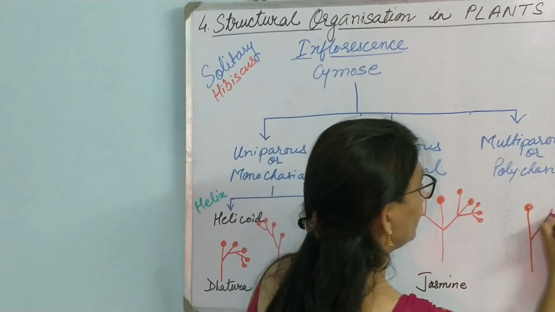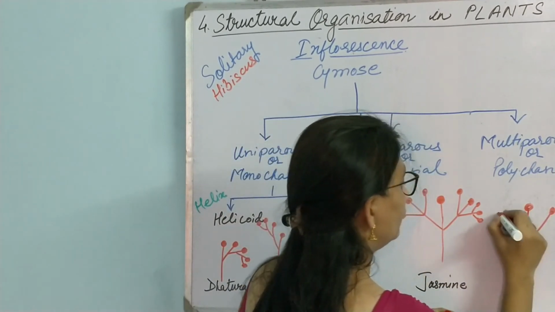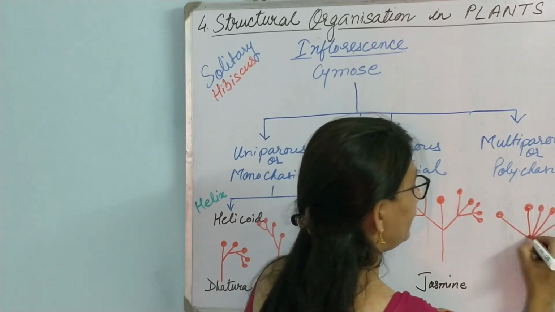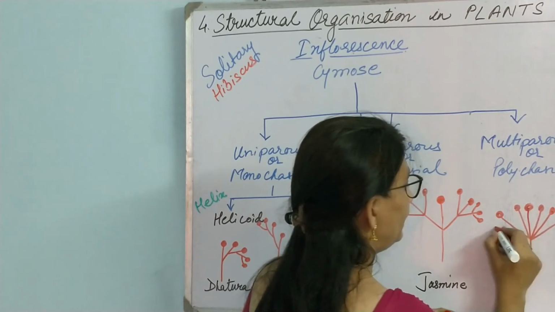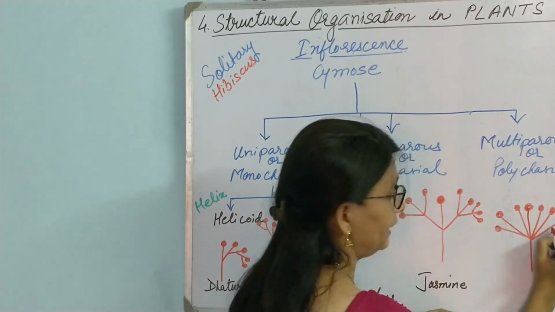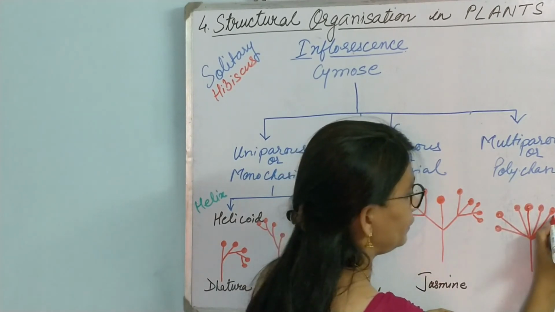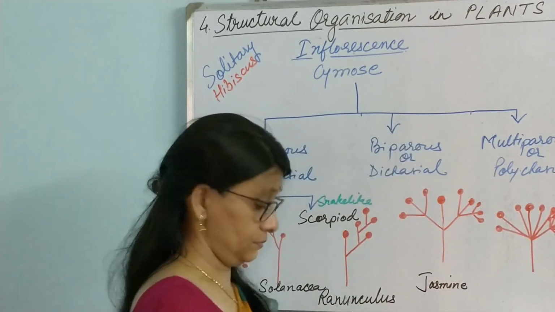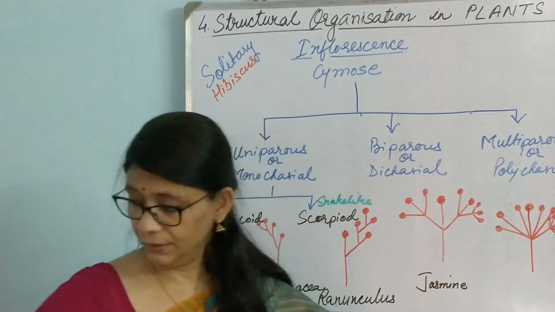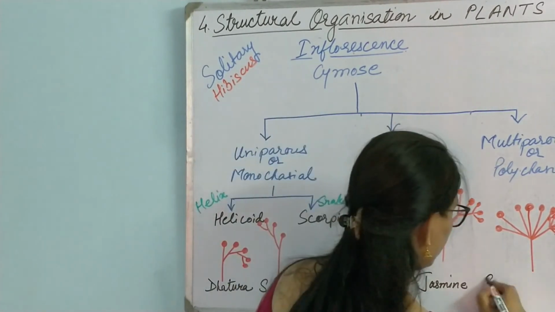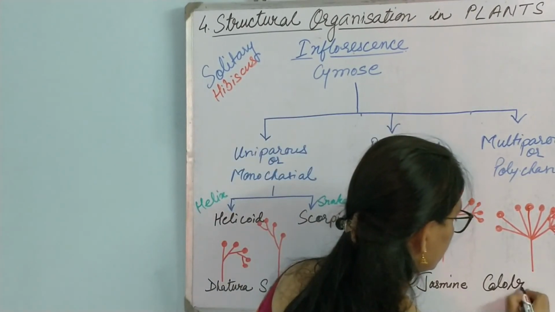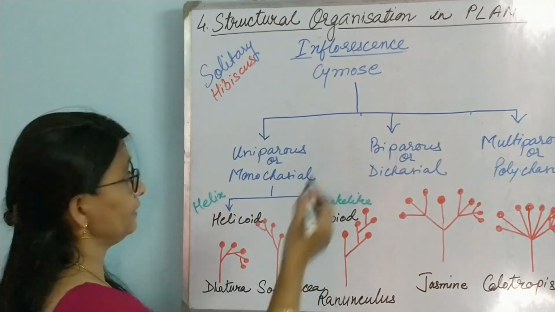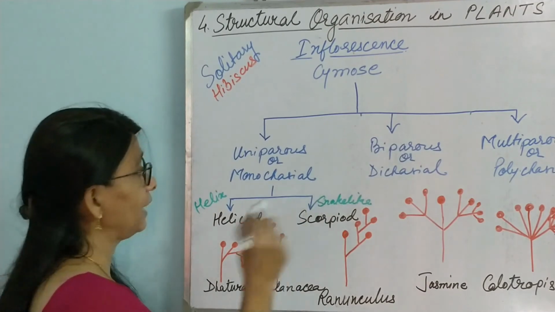When it gives out the next branches, it will not be one or two, but poly, it will be many. Suppose this one is again giving off branches, so it will be many, like this. This is found in Calotropis. So these are the types of Cymose inflorescence and their examples.